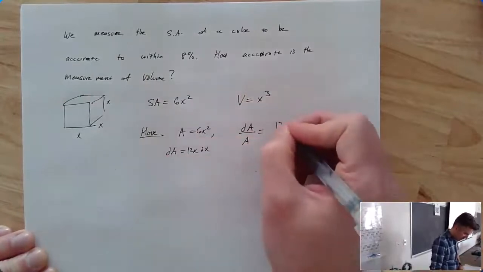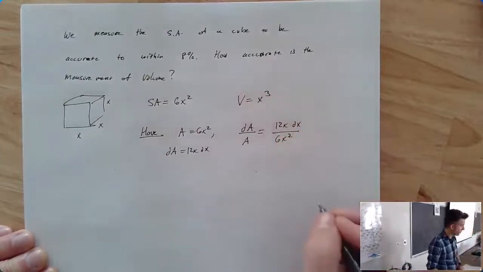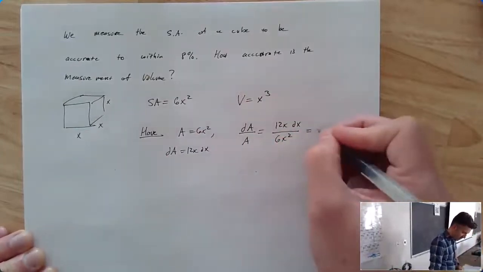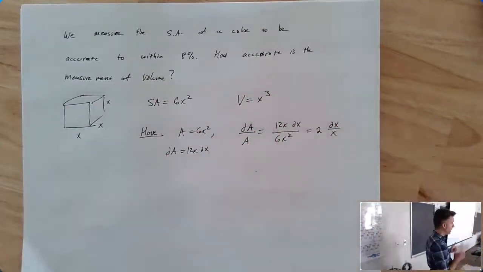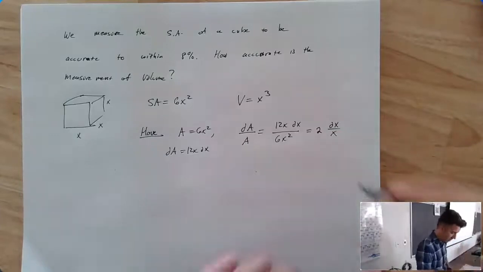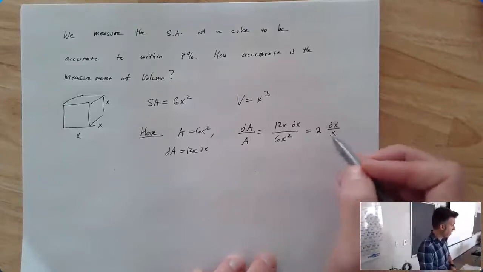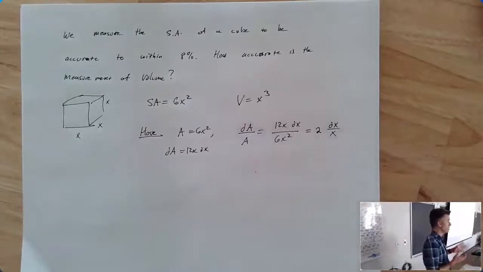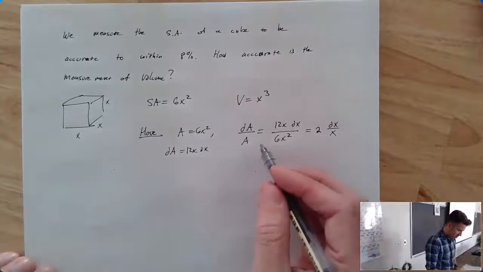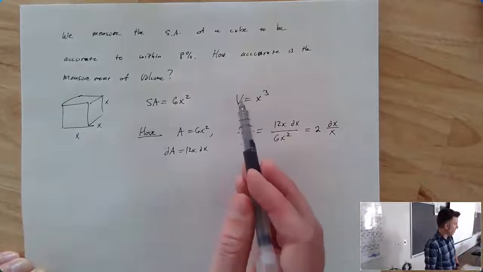So dA over A is 12x dx over 6x squared, which simplifies down to just 2 times dx over x, which shouldn't be surprising because the relative error in the measurement of the area is double the relative error in the measurement of the length, because the area dimension is twice the dimension of the length. But we're trying to find a way of getting from this to that.